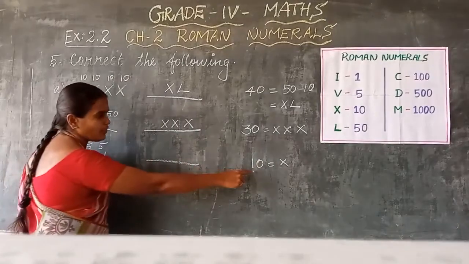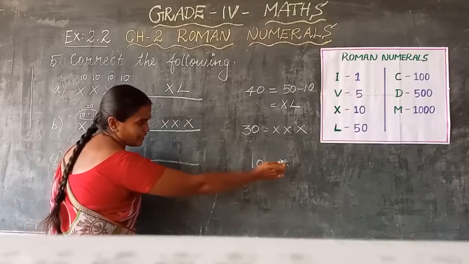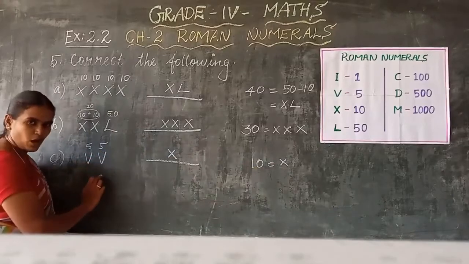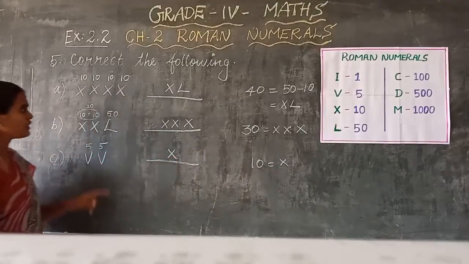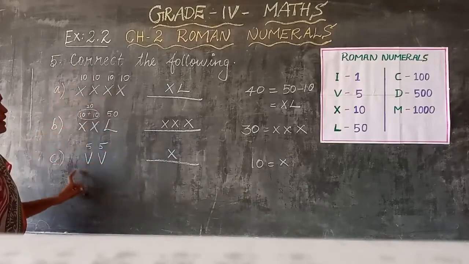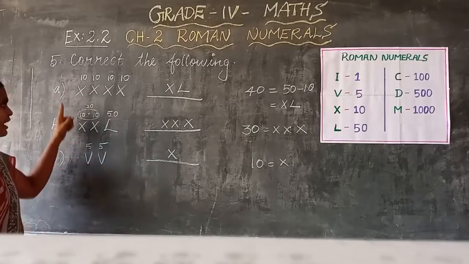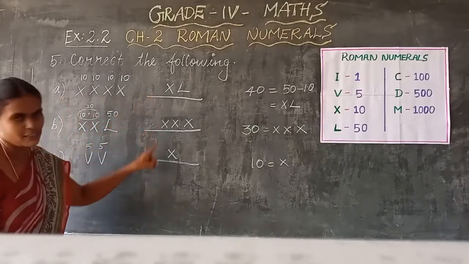What is the value of X? 10. 10 means how to write? X. So VV is wrong. What is the Roman number for 10? X. So here given Roman numbers, but wrong. Because all the Roman numbers are wrong. Here applying conditions but in the wrong way. So this is only correct.